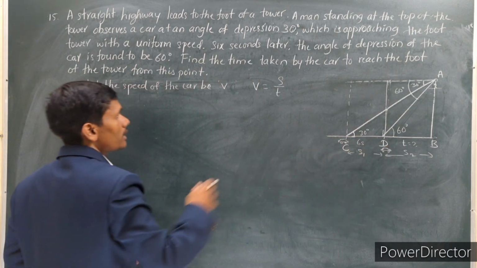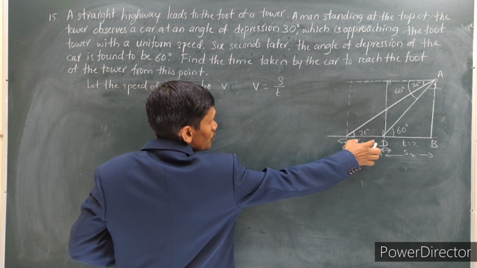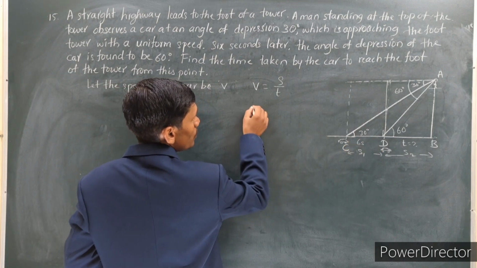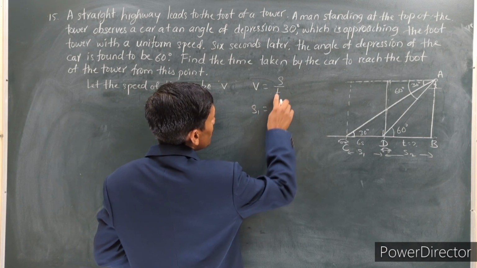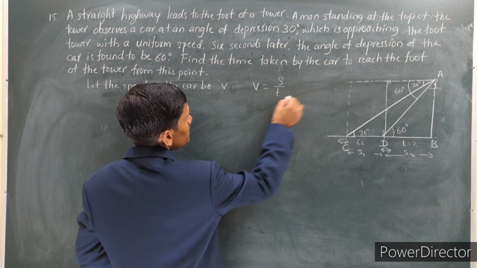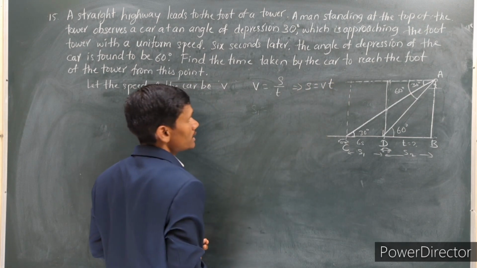We will make it like that. This can be written as S is equal to V into T.